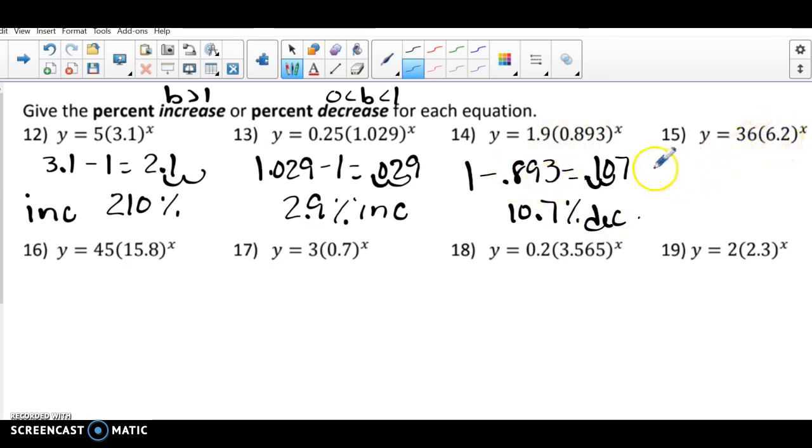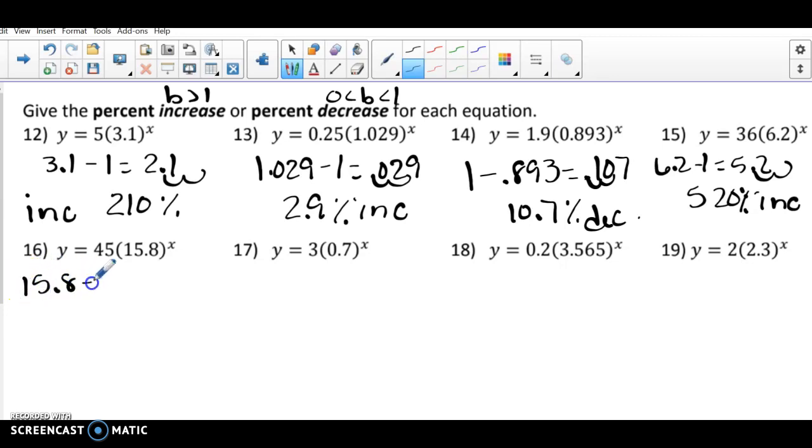Greater than 1, so 6.2 minus 1 gives me 5.2, 2 places, so 520% increase. 15.8 is greater, so I subtract 1 from it, so that gives me 14.8. Move it 2 places, 1,480% increase.